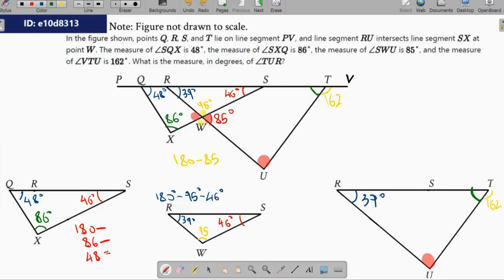So this angle can be found by doing 180 minus 162, which gives us 18. This angle right here is 18. That means our angle TUR is going to be equal to 180 minus 39 minus 18, and that gives us 123 degrees, which is the right answer for this question.